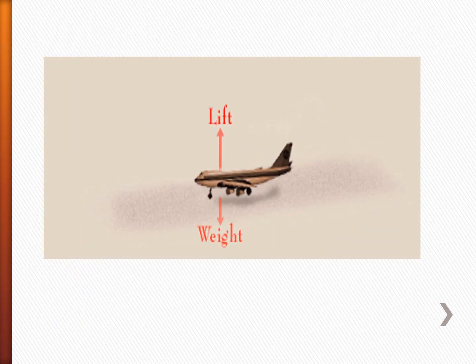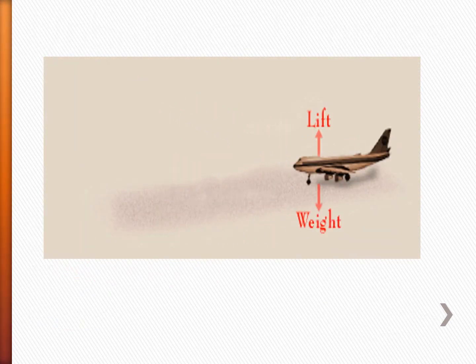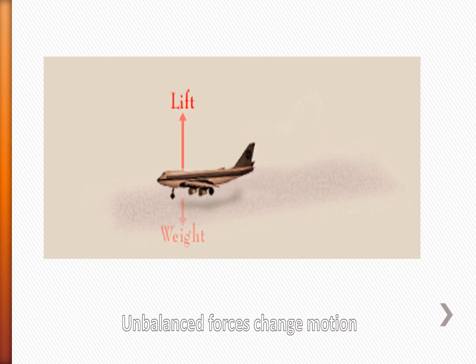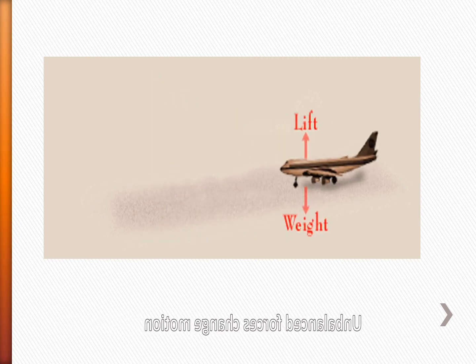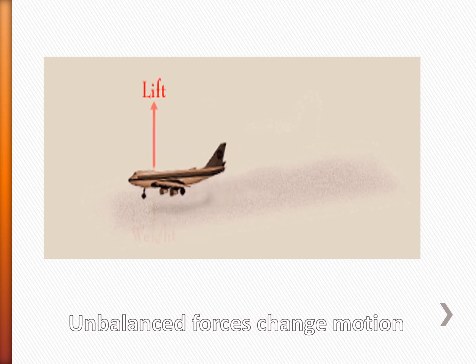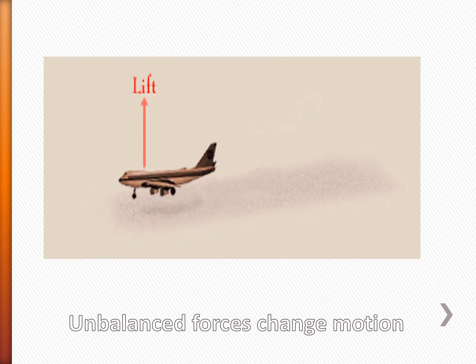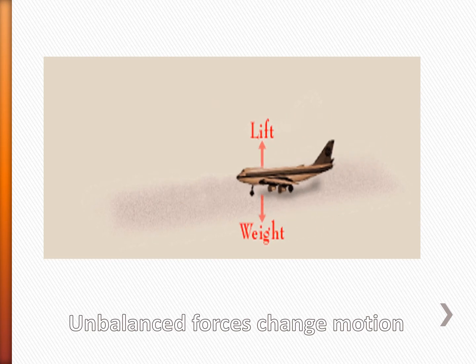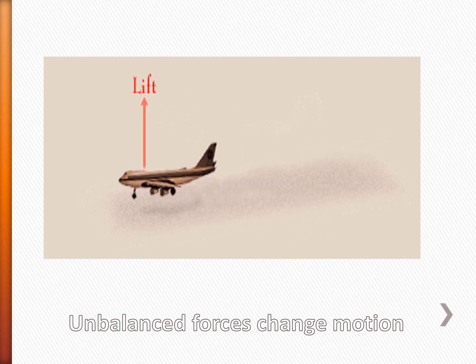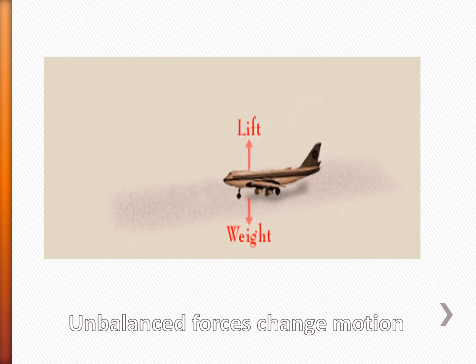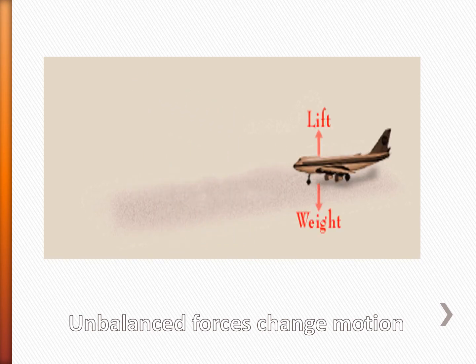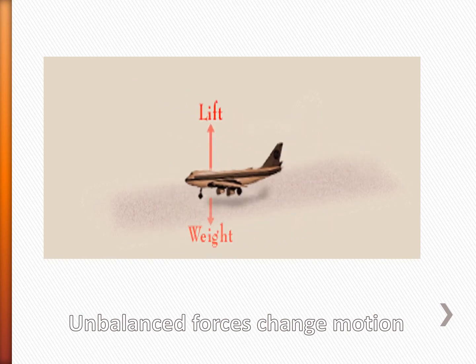For example, we have here an airplane moving up. From the runway, it moves and after that it moves up because the lift force of the airplane is higher than the downward force pulling the airplane downward.